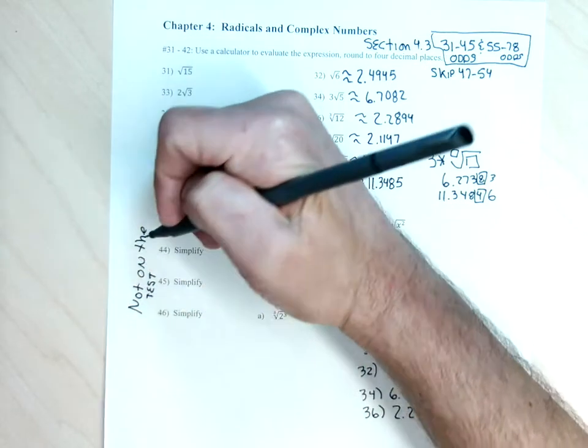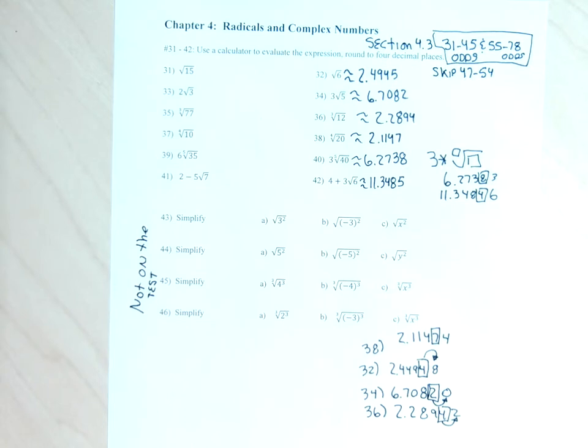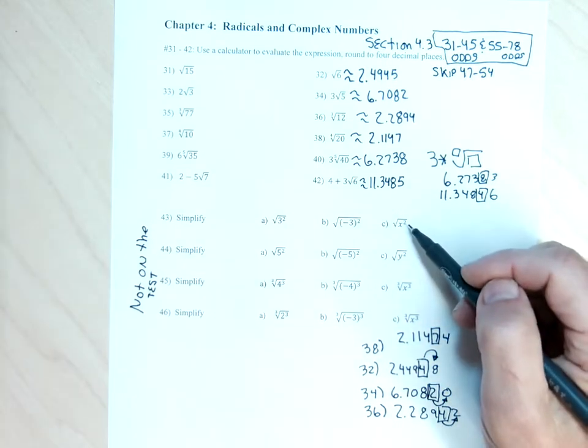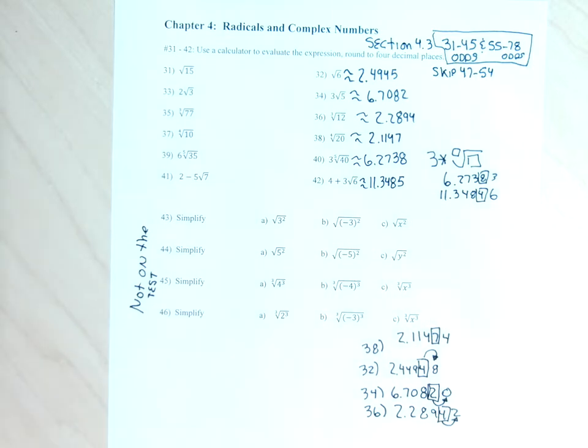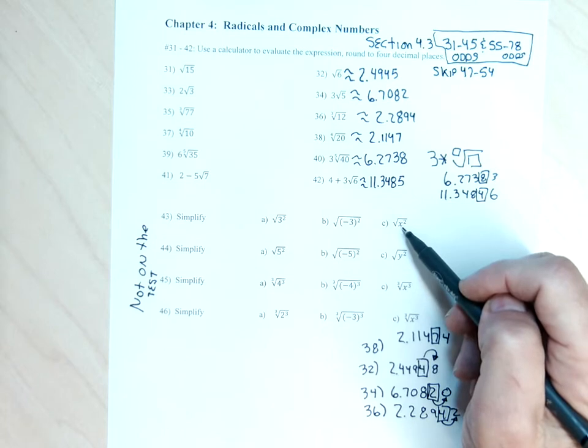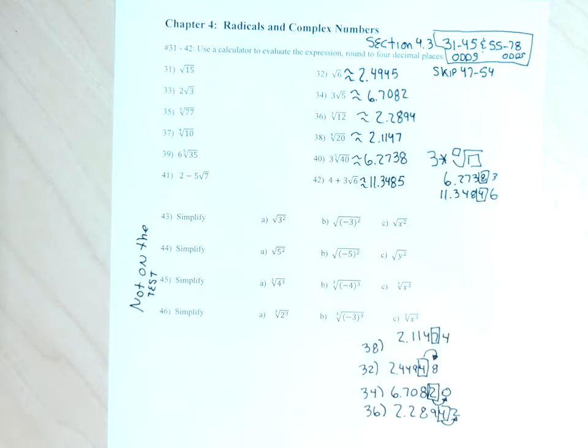The reason I wrote these next few problems is very specifically that when we're doing square roots with letters, it matters whether the letter stands for a positive number or a negative number. And quite honestly, the theory that's embedded in problems 43, 44, 45, and 46 is more confusing than it's worth.